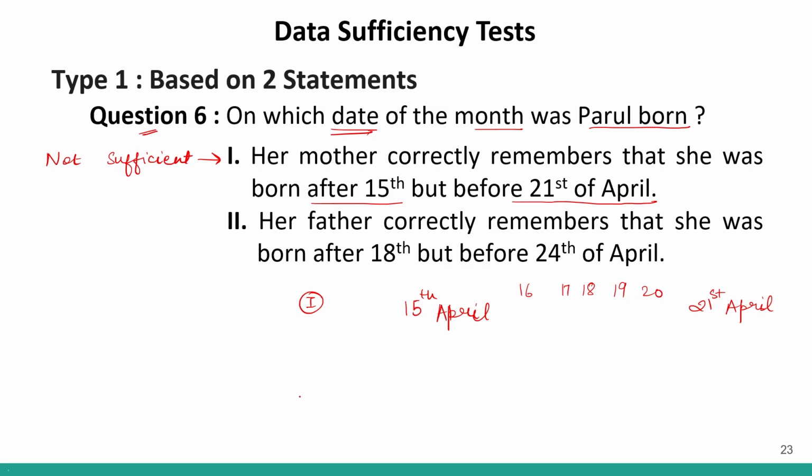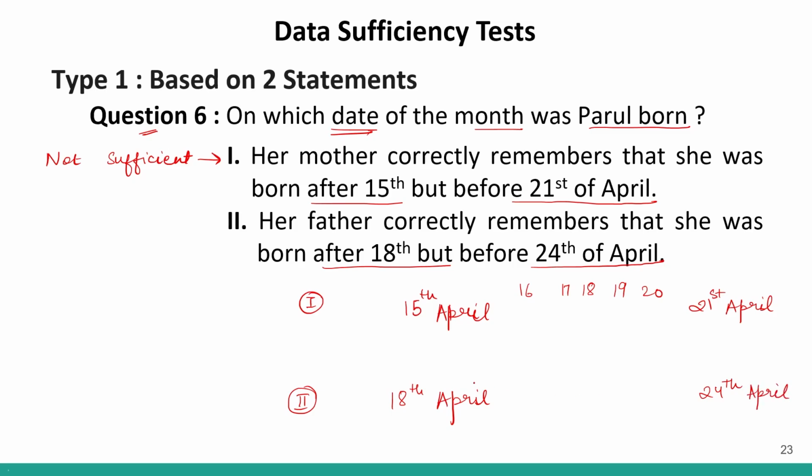Now, looking at statement 2. Statement 2 says that Parul's father correctly remembers that she was born after 18th but before 24th of April. So Parul's father is saying that she was born after 18th April but before 24th of April.